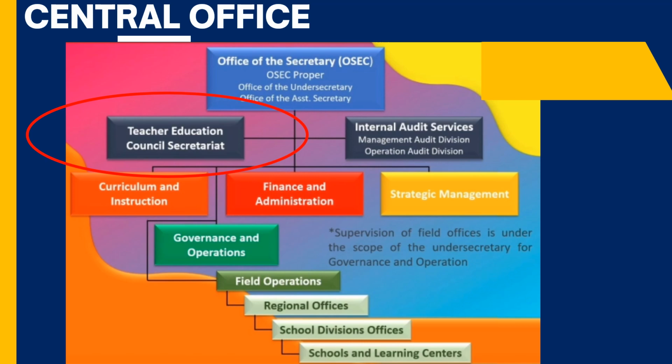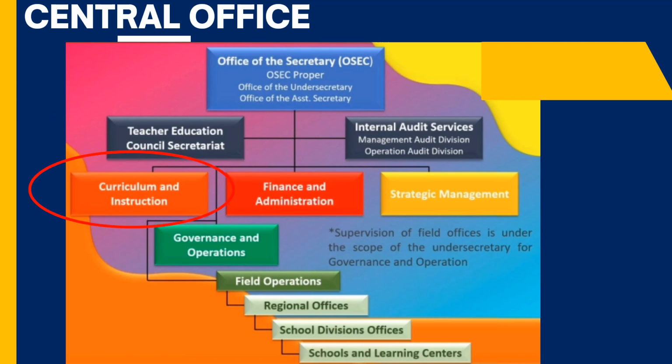Also, the Teacher Education Council Secretariat shall be retained in the rationalized structure as prescribed by Section 8 of Republic Act 7784. The Secretariat shall primarily provide technical and administrative assistance to the Council in preparing policy recommendations, executing its policies and programs, and coordinating with various teacher education advisory bodies.